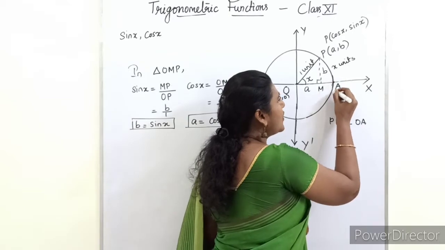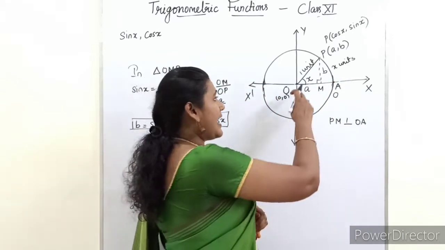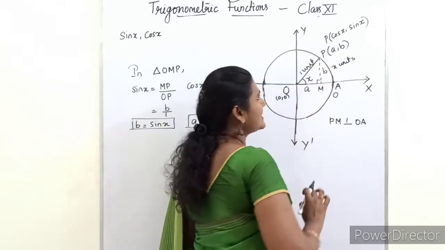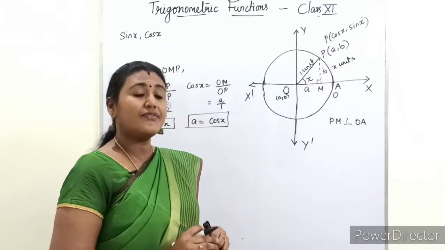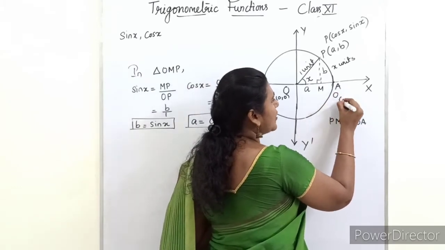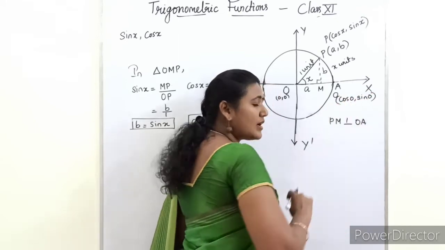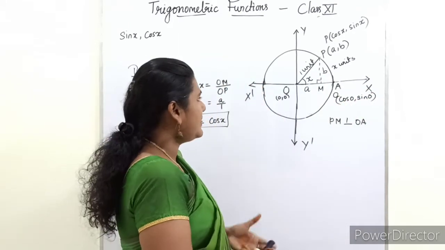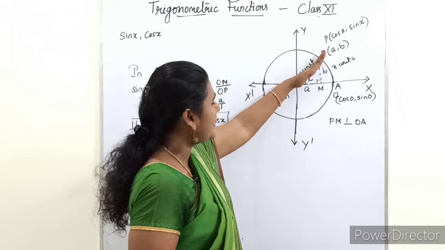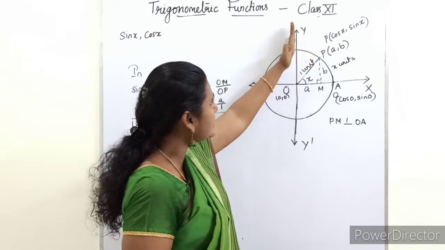The angle will be 0 at this point A. So if the angle is x, you get the coordinates (cos x, sin x). If the angle is 0, how can you represent this point A? (cos 0, sin 0). Clear?